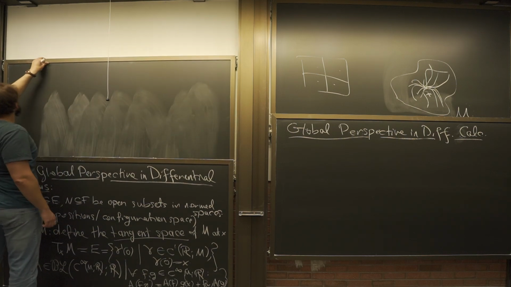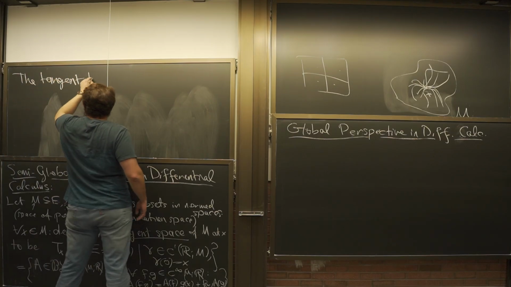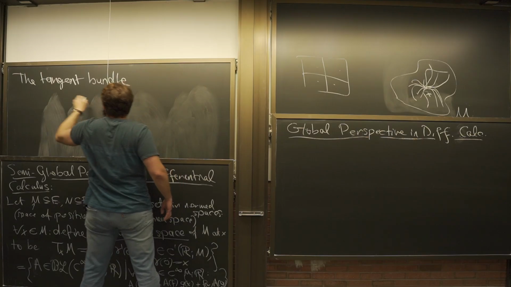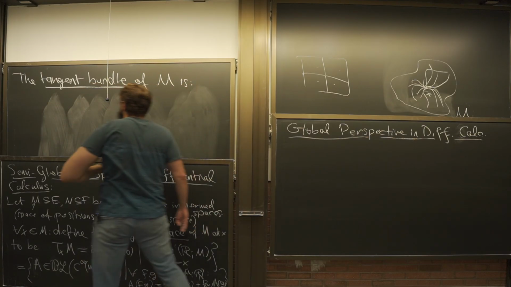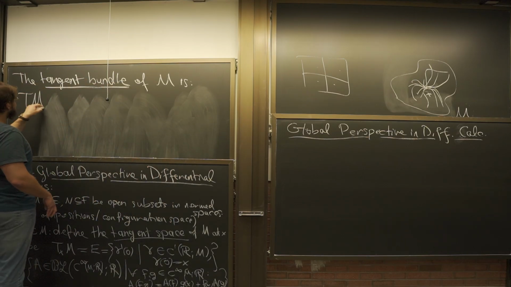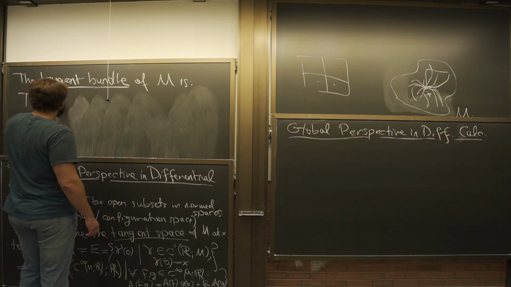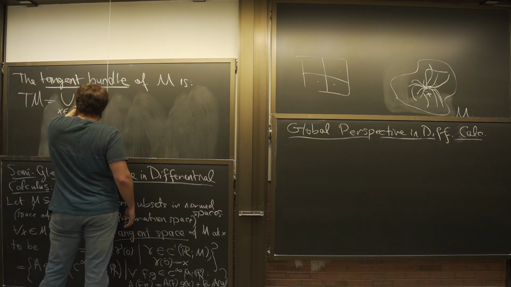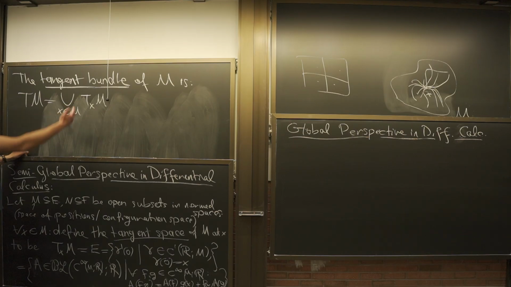The tangent bundle of TM, not specifying the base points now, is nothing but the union of all of these guys. In our case, each of these tangent spaces I can identify with E, and so this is nothing but M times E.